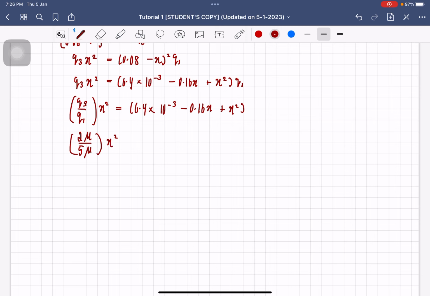So x square equal to, I'm just gonna rearrange this, x square minus 0.16x plus 6.4 then negative 3. So this will cancel and this is gonna be 0.4 x square. Okay, so 0.4 x square equal to the whole thing again.